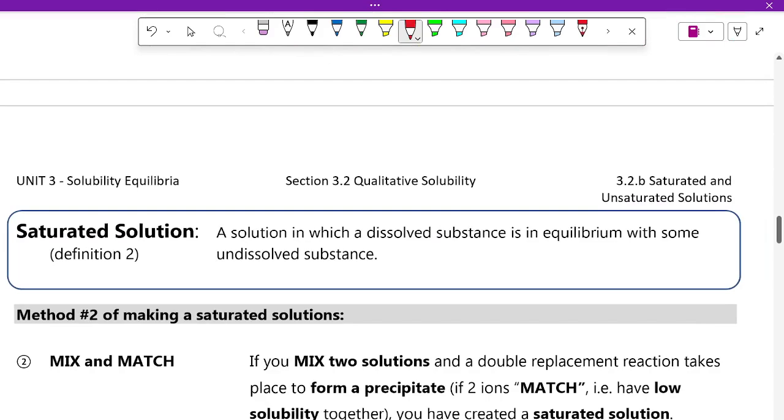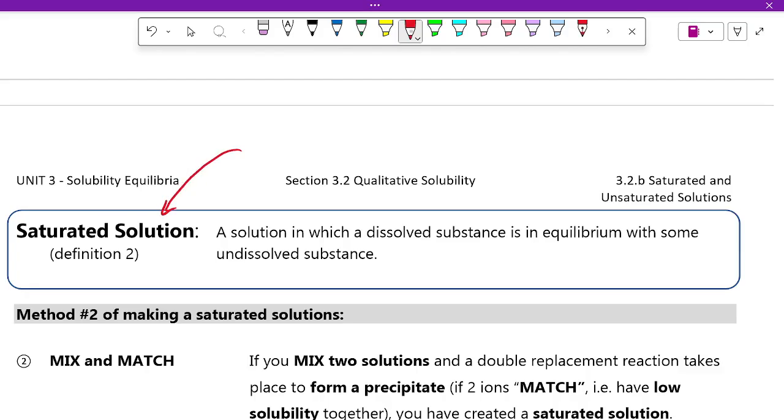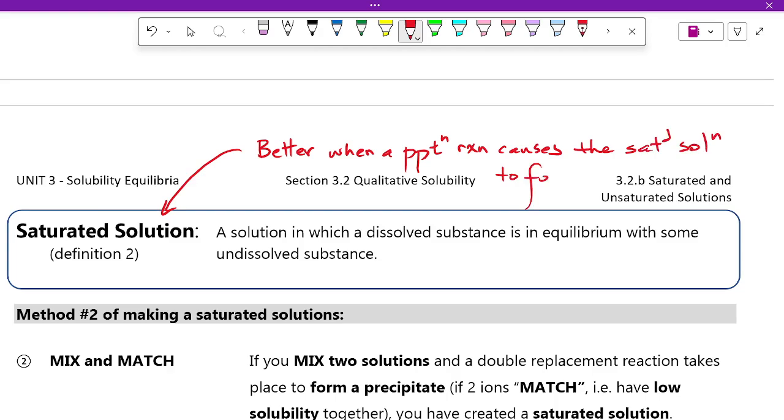Here is a second definition of a saturated solution, which works a little better when a precipitation reaction causes the saturated solution to form.